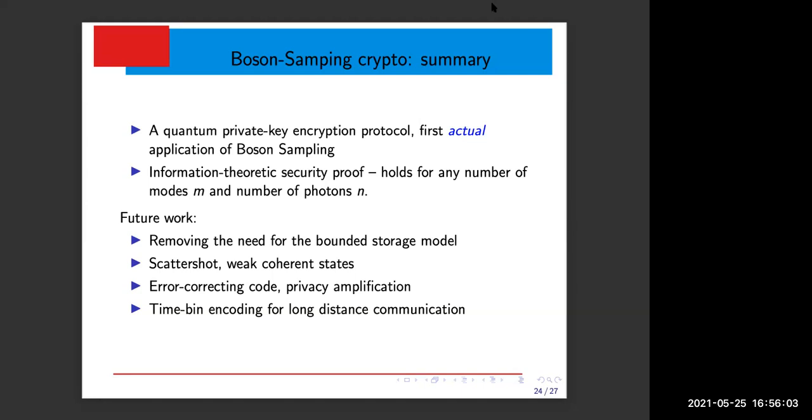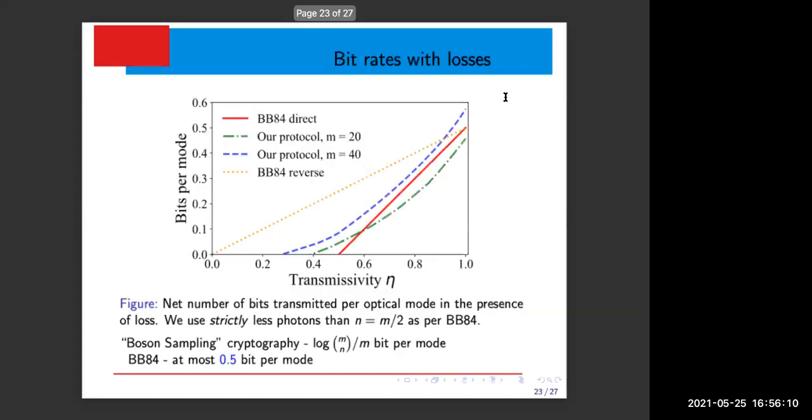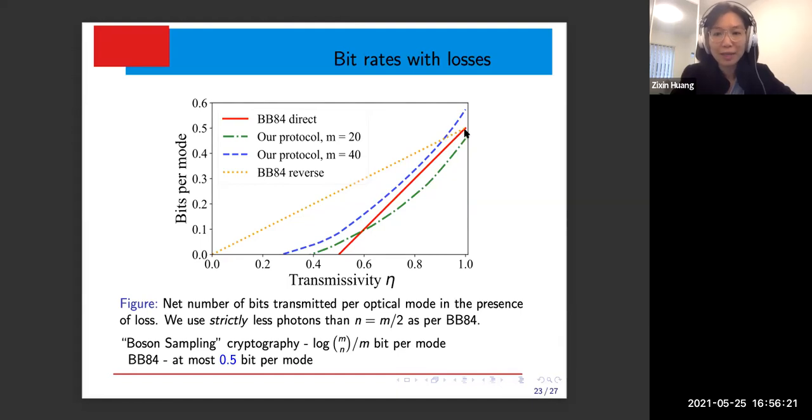For another one, it's impressive that your scheme with m equal to 40 is better than BB84 in all the transmission regime. Well, that's because we're comparing it to BB84 direct reconciliation, where the information goes to 0 at transmission parameter eta equal to 0.5.